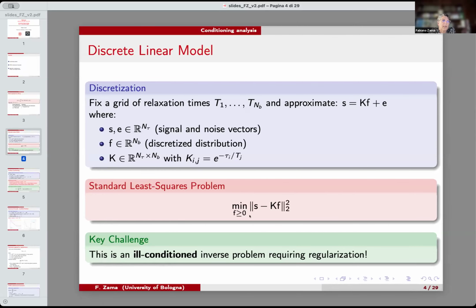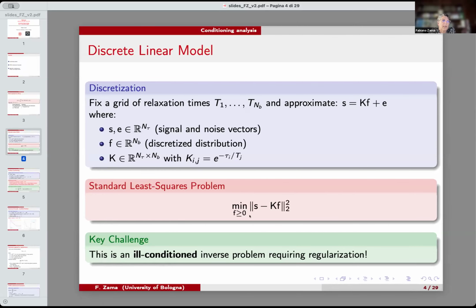The more refined the discretization of this problem, the more important the ill-conditioning of the matrix becomes. So what we have is an inherent difficulty. At the end, once we choose a discretization, we can analyze the conditioning.